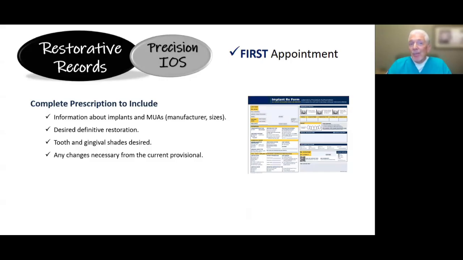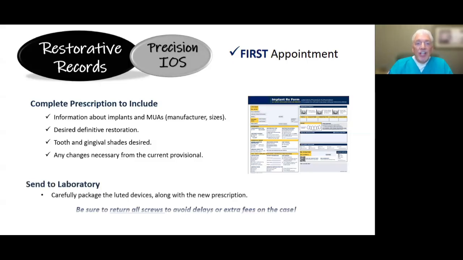Nanoceramic? Are you doing a hybrid with denture teeth and acrylic and a titanium bar? I'm going to cover those at the end of the presentation to give you an idea of the advantages and disadvantages of the different final prosthetic options. So complete the prescription, then send it to the laboratory.